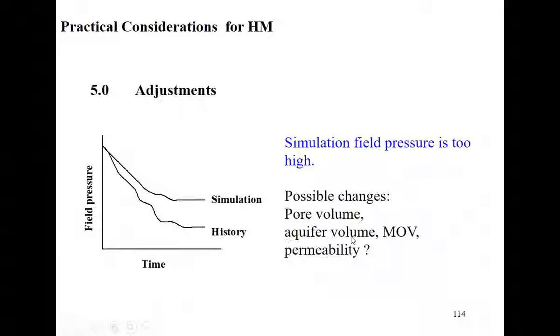We can go to our aquifer volume, if we have aquifer, and we might change our permeability to make this happen, so that our simulated pressure will be equal to our observed pressure in the field. So we may think about some things that help us to get this much of the pressure for this case.